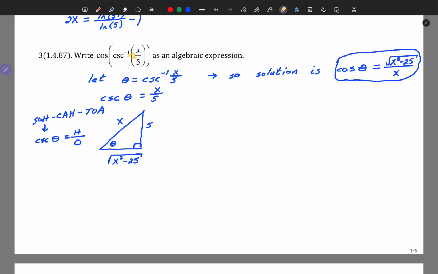We've allowed theta to represent that inverse cosecant function. So your answer is just, well, what is the cosine of theta? And in order to know that, you look at your right trig triangle here, and you say, well, cosine of theta would be the ratio of adjacent over hypotenuse, and that's going to be the square root of x squared minus 25 over x, which is your final answer up here.